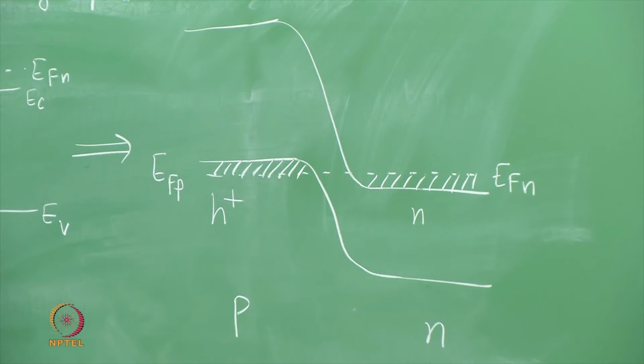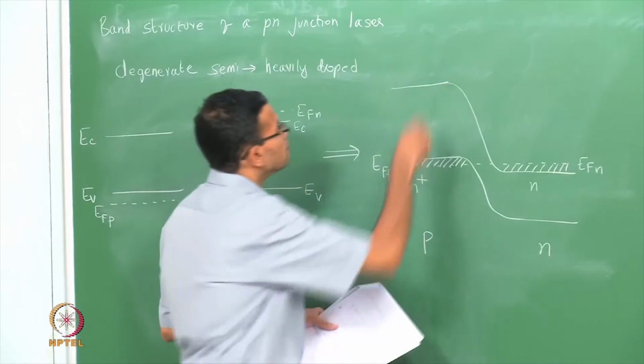The depletion region is also very narrow because we have heavy doping.